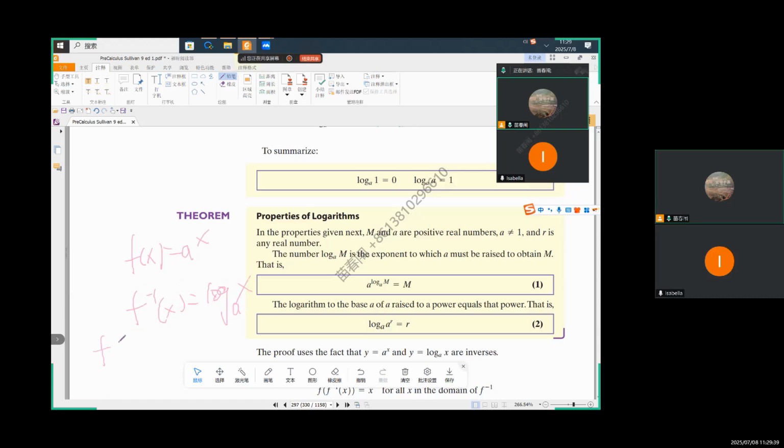And then f of f negative 1 of x just equals x. Yeah, I understand. It does make sense. The log just cancels out, it's another cancel out, so it returns to x again.